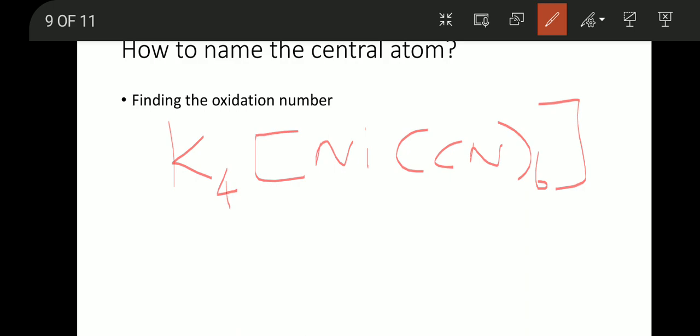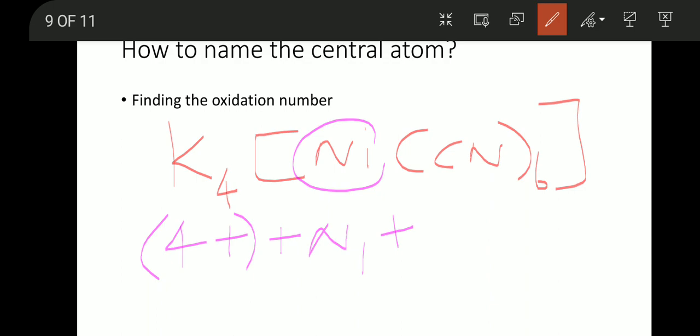We know it has charge 1 positive, so we take it as 4 plus. Then we have nickel, Ni, which we need to find the oxidation number of. Then we have cyanide. Cyanide we know is CN minus, so which will be minus 6. If we take this all together, we know this will be 0. So we have to put it as 0.